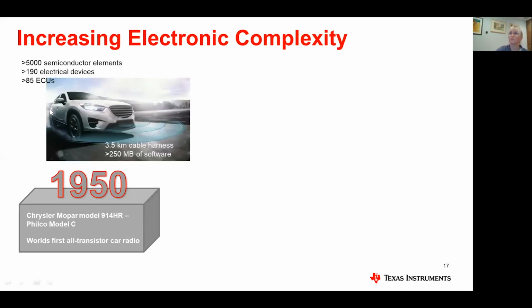In 2020, an average car would have something north of 5,000 semiconductor elements, 200 electrical devices, and 85 ECUs, electronic control units. In addition, connecting all that together in one vehicle, you could have 3.5 kilometers of cable harness and also a bunch of software that's controlling and needs to be controlled.